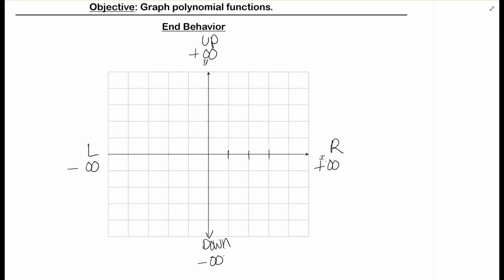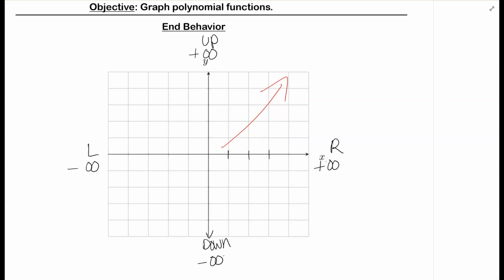So I feel like using this little notation next to the x and y axis helps a little bit for my students. So let's say you end up with something on this side with an arrow. Think about where your x is approaching. Your graph is going this way, so it is approaching the right side.